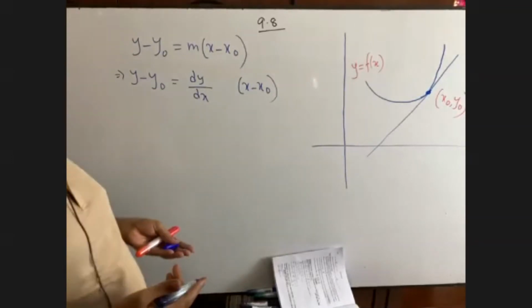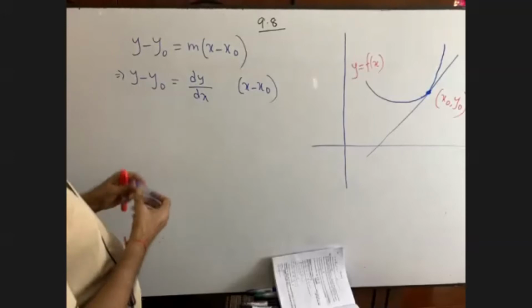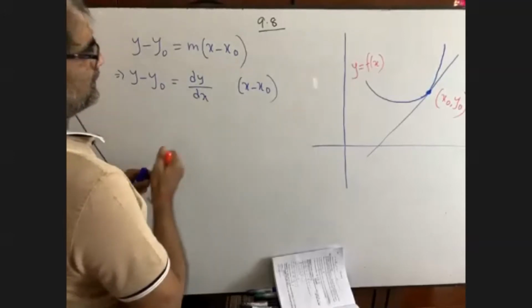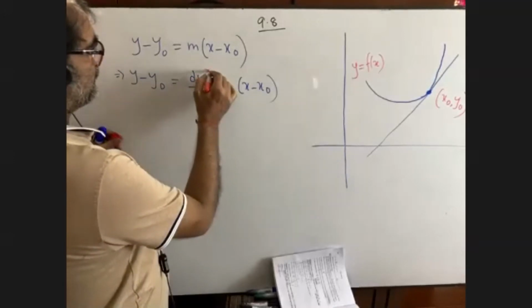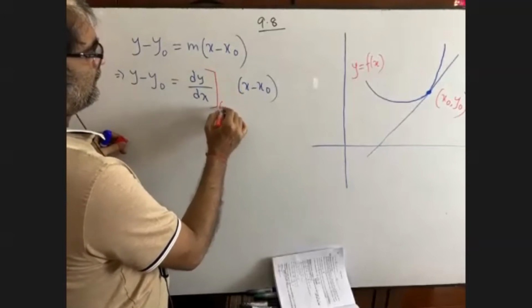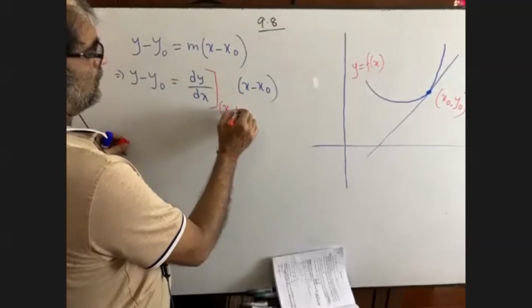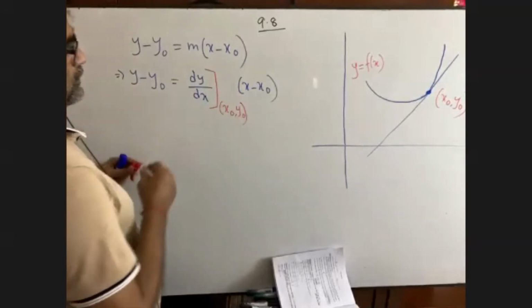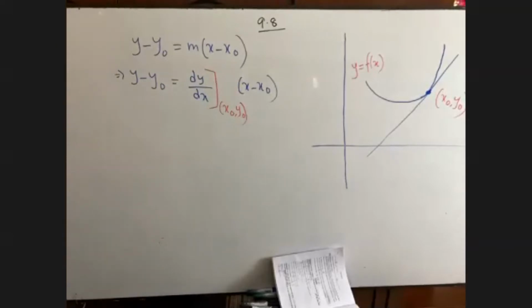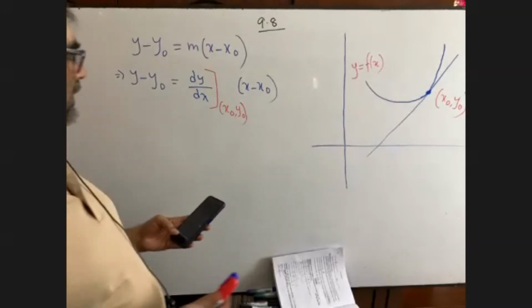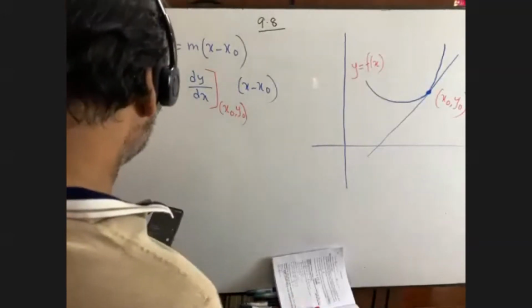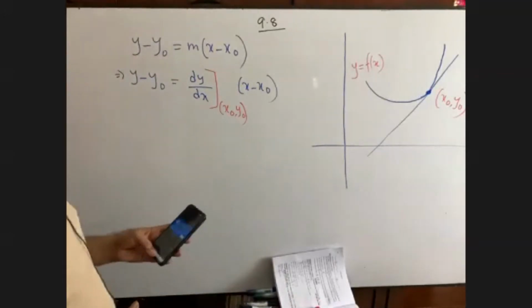But only one difference. Please pay attention. I have kept a space here to write x naught, y naught. dy by dx, where dy by dx? dy by dx at x naught, y naught. Please try to understand.